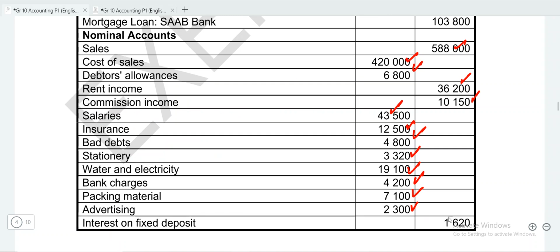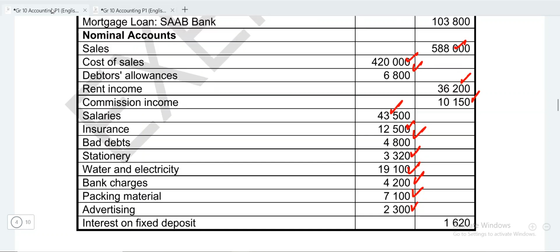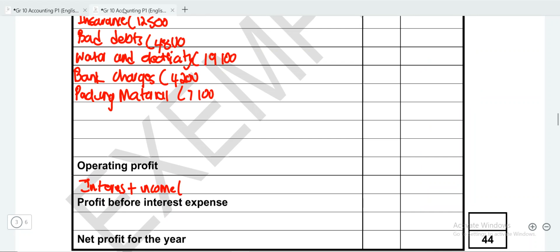You can see that it's on the credit side because it's an income. Now remember, according to the format, interest on fixed deposit is part of your interest income. Okay, so it's going to be that 1,620 will come here, so we'd have that 1,620 here, and then here we'd have interest expense will be controlled by the interest on loan.